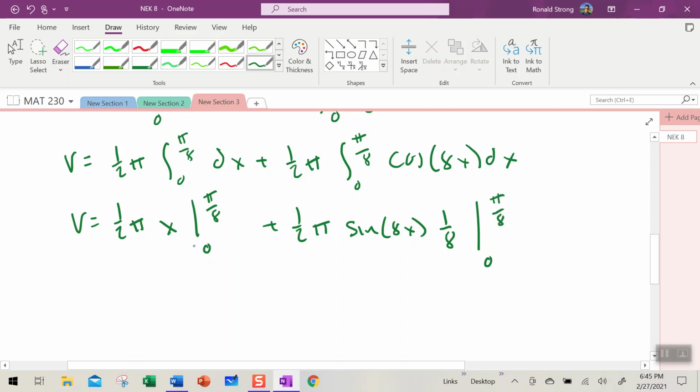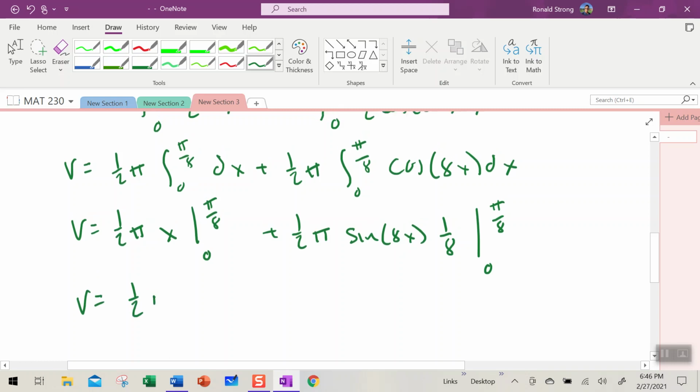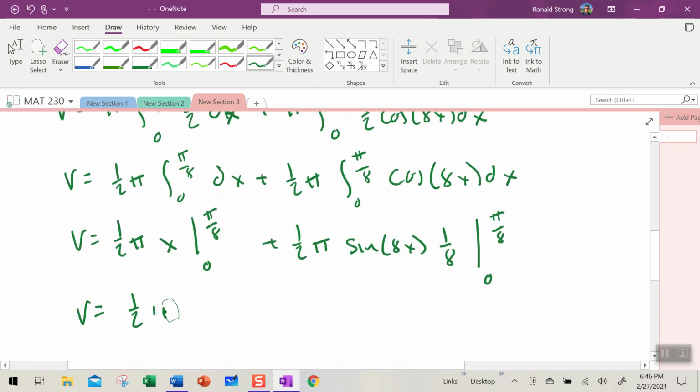And now we can combine these. I know I break up the problem into two separate integration problems because sometimes it's simpler to do that, but then when you evaluate it, I like to put it all back into just one problem again. So volume is equal to 1/2 pi, and I'm basically factoring that out.